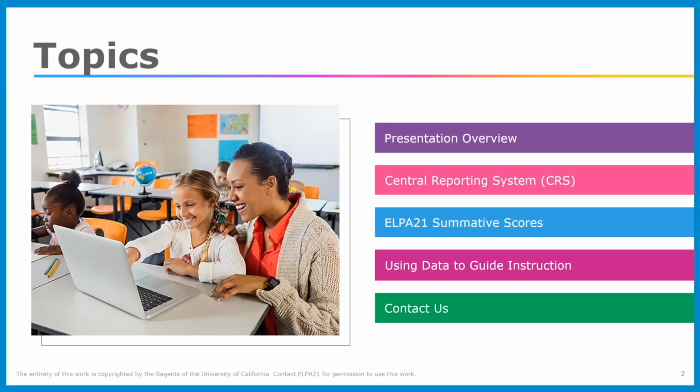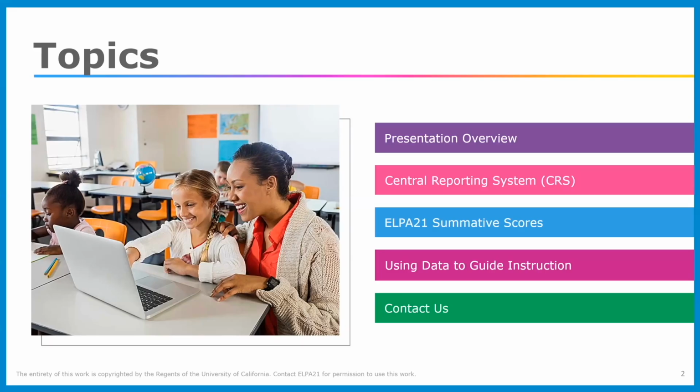You'll also learn how ELPA21's summative assessments measure your students' growing English language proficiency and what scores to look for as indicators of your students' progress. We'll also show you where to find those scores on a score report.